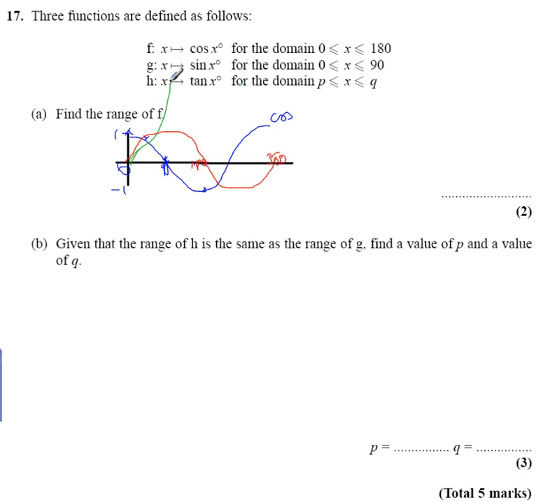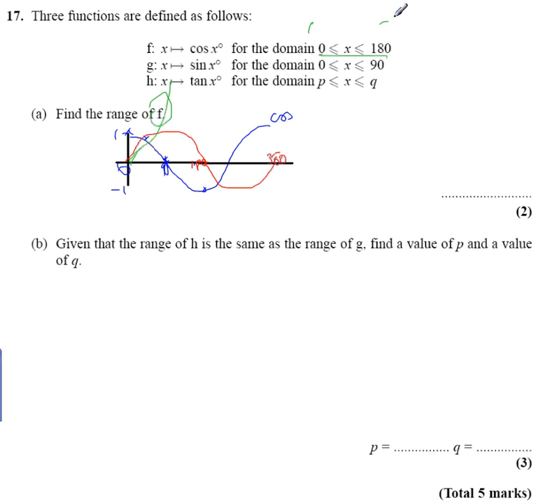Now, it says find the range of f. The range is the set of possible outputs, so the set of values you can get for cos x between 0 and 180. Even if you didn't know what cos did, you could figure this out on your calculator. If you typed in cos of 0, you get 1. And then if you tried cos of 180, you get minus 1.